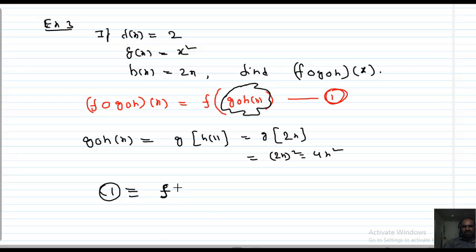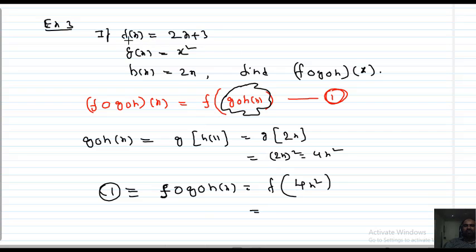F circle g circle h of x equals f of, instead of this, the 4x squared I can write. This is now in the form of f of k. F of k means 2 only, a constant function. So I will change the problem. Just I will write 2x plus 3, no problem.